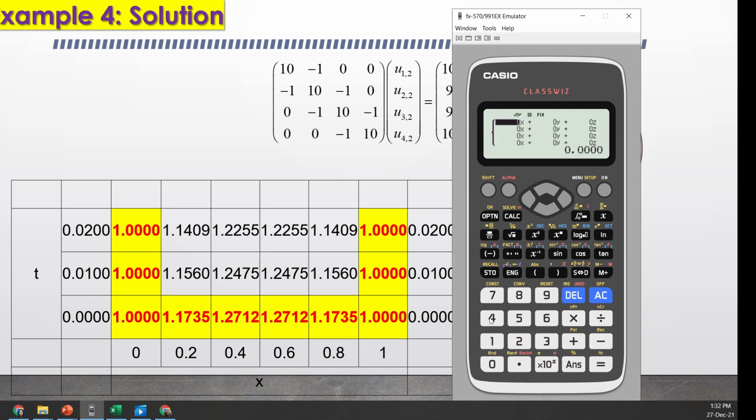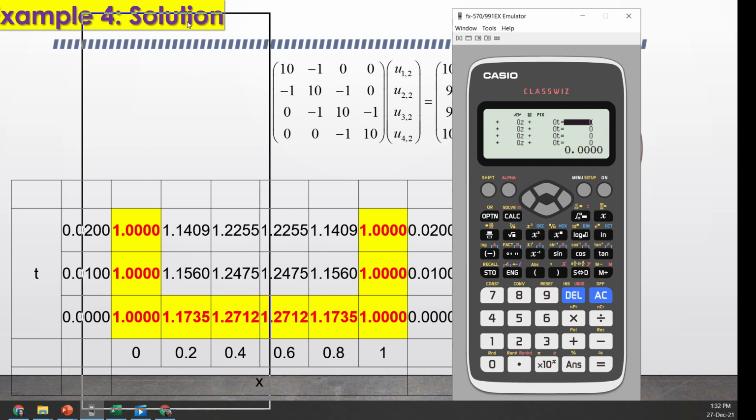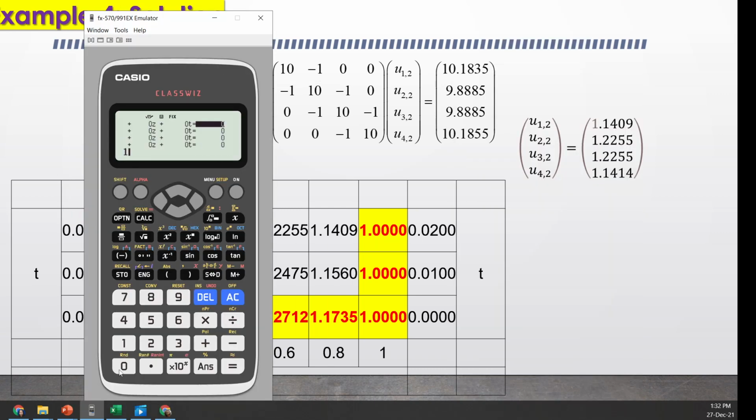Simultaneous, 4 unknowns. Key in the coefficients, equation by equation, line by line. 10, -1, 0, 0, then 10.1835. Then -1, 10, -1, 0, then 9.8885.